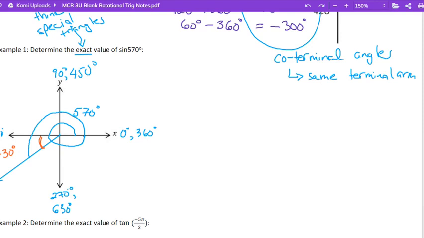Is 30 degrees a coterminal angle of 570? Are they coterminal? Okay, good. They do not have the same terminal arm. 30 degrees is here. The relationship is that 30 is a related acute angle of 570.